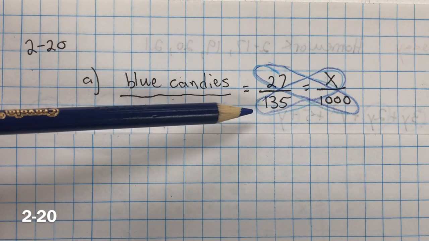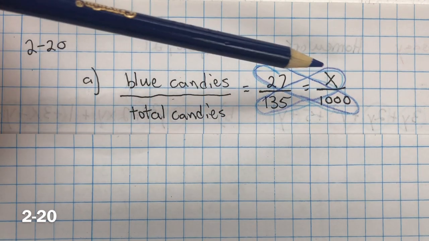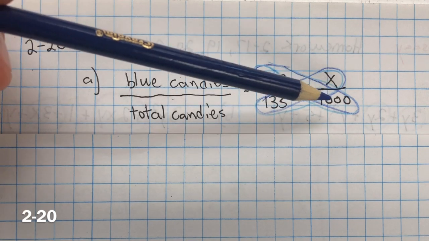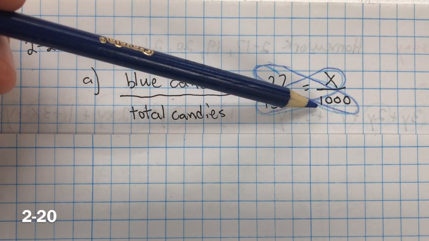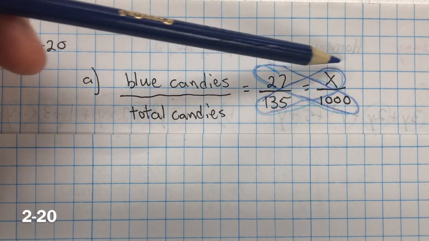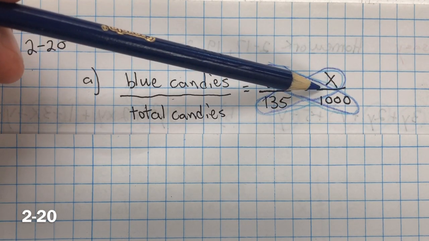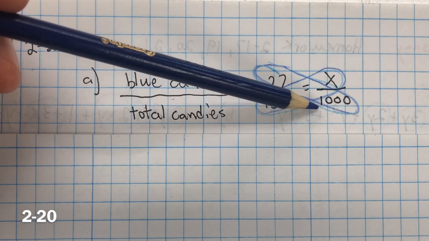At this rate, how many blue candies would you expect in a pile of 1,000 colored candies? So a total of 1,000. So this is our unknown variable. We don't know how many blue candies out of a bag that has 1,000 candies.